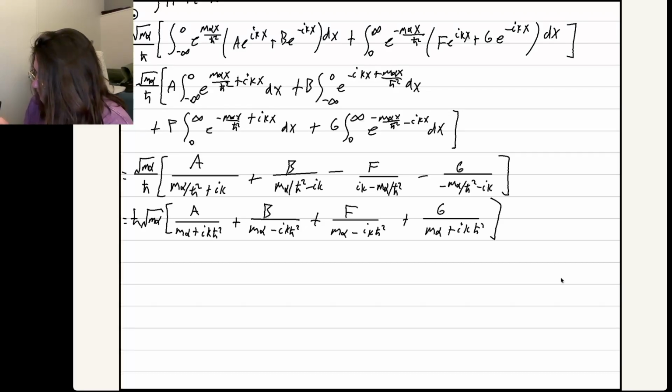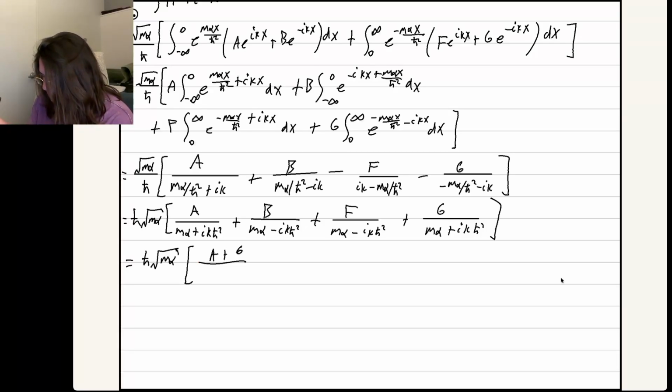And you can see that already we have things that share denominators, so let's just collect those. It's a and g buddy up, and also f and b buddy up.